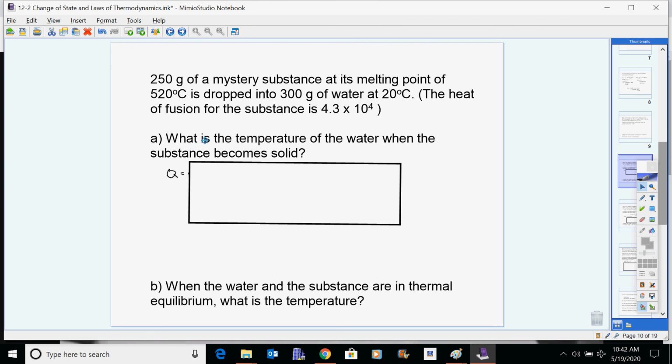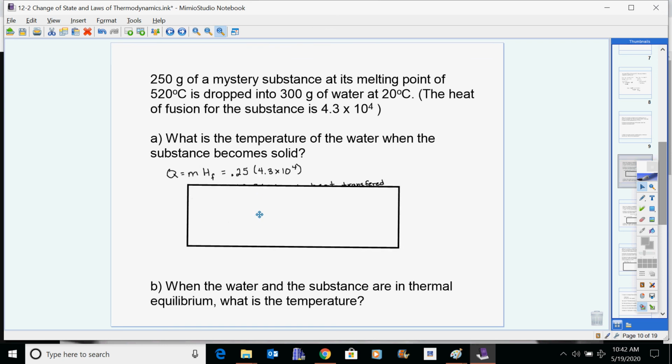So the first thing we need to do is think about the temperature of the water when the substance becomes solid. First of all, we have to figure out how much heat energy came out of the mystery substance to turn it solid. The heat of fusion for the substance is 4.3 times 10 to the fourth.